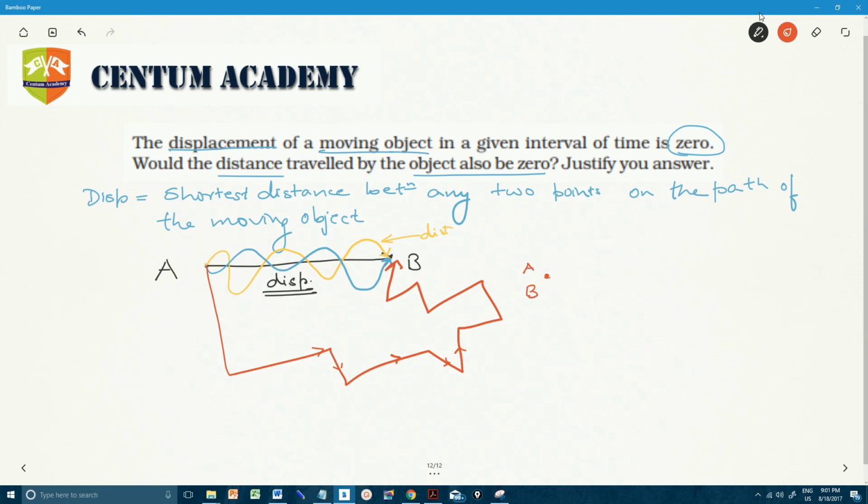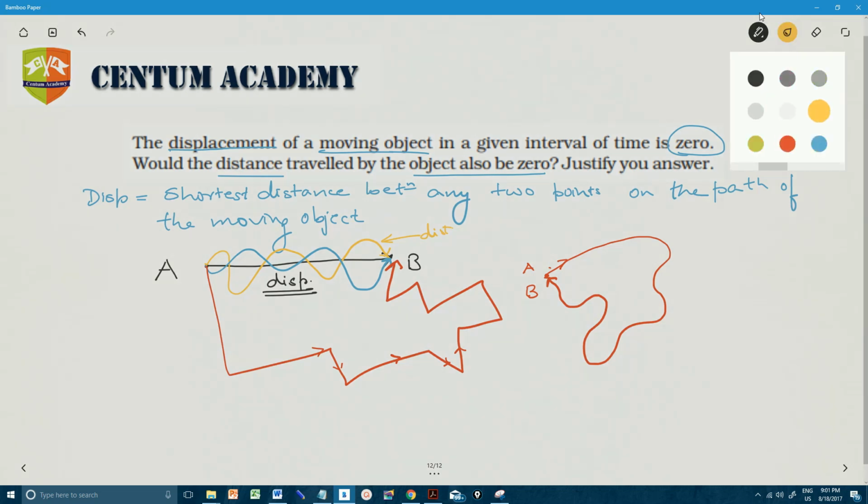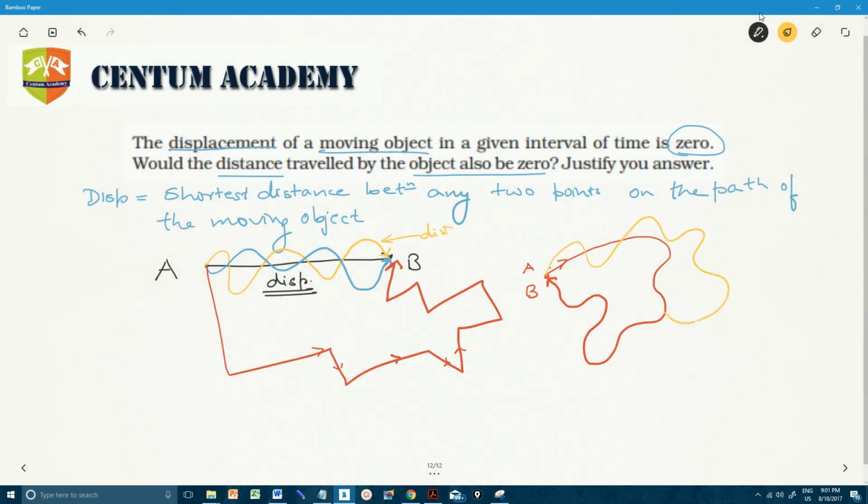Why? Because let's say the body started and moved along this path and then finally went to the same point, so the starting point and the final destination are the same. Then the displacement is 0, because the shortest distance between two coinciding points is always 0. But there could be infinite distances possible, multiple choices of the path it actually takes to come back to the same point.